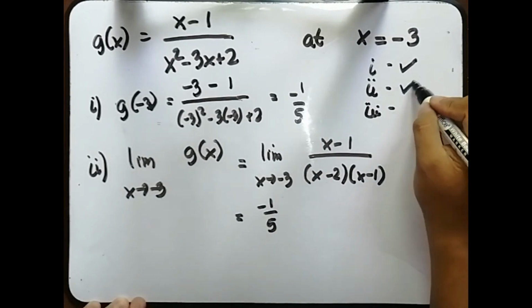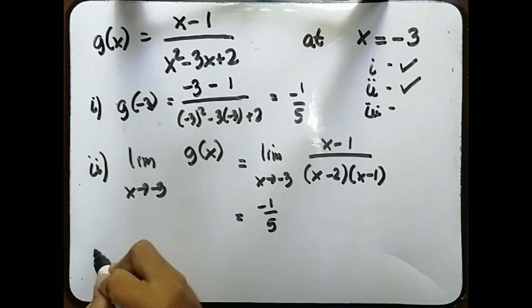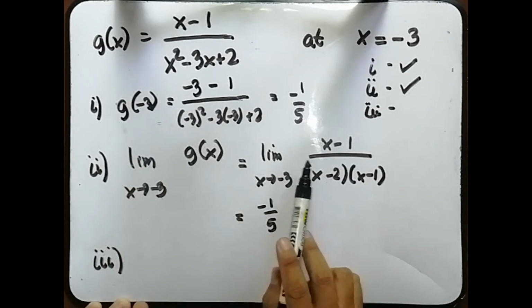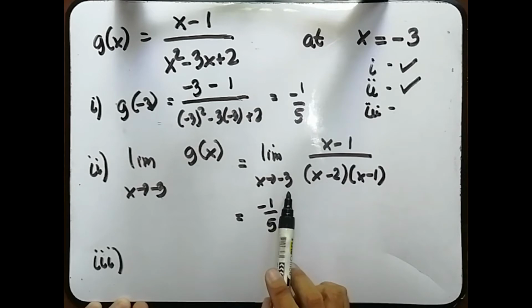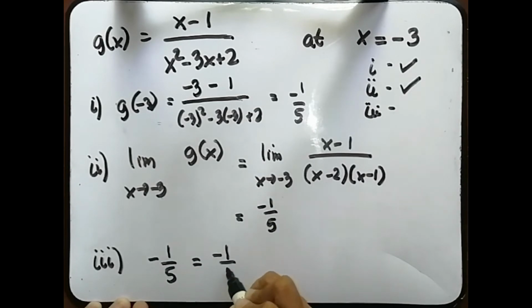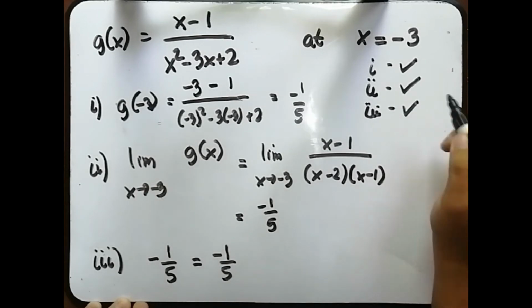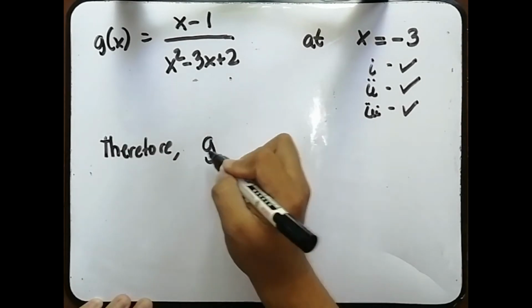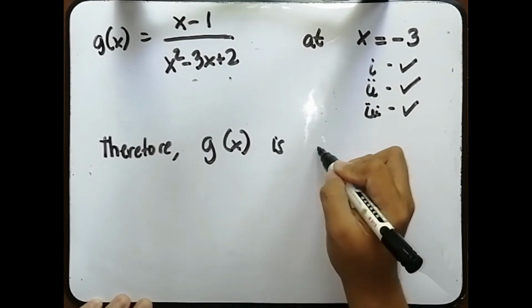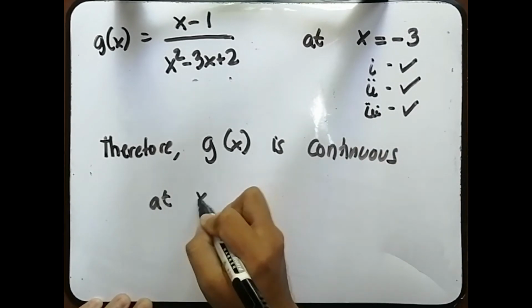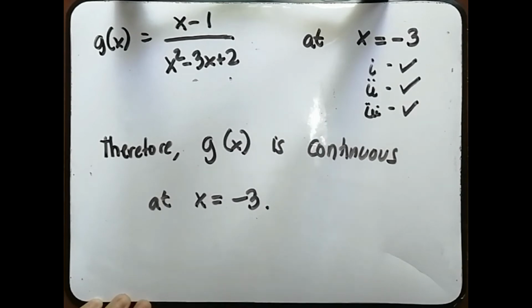So second criterion, check. Third criterion, equal ba si g of negative 3 sa limit ng g of x as x approaches negative 3? So negative 1/5 is equal to negative 1/5, kaya criterion 3 is check. Since yung tatlong criteria na satisfied, therefore, g of x is continuous at x equals negative 3.